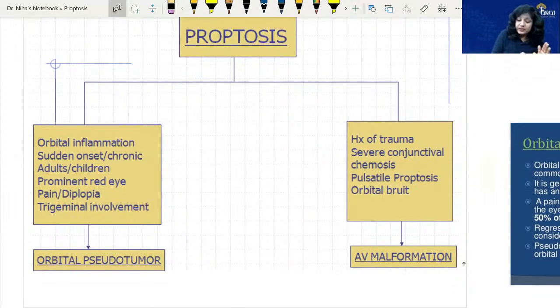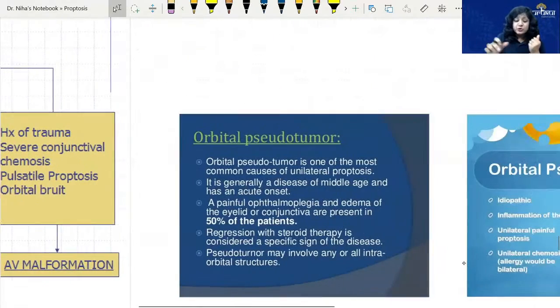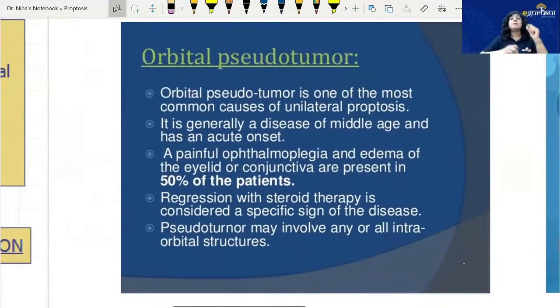I'm going to discuss one more thing which often creates confusion between thyroid eye disease and orbital pseudotumors. Orbital pseudotumors are one of the important causes of unilateral proptosis. They are called pseudotumors because they present as a mass.